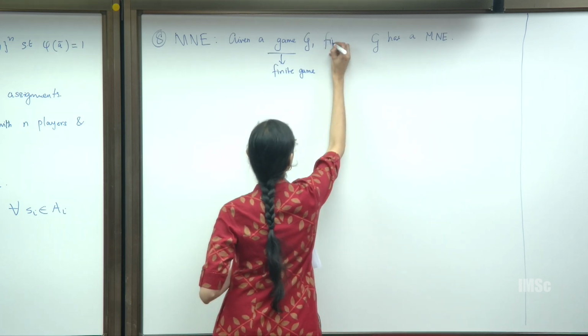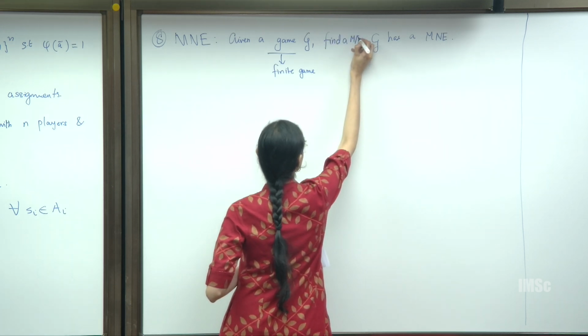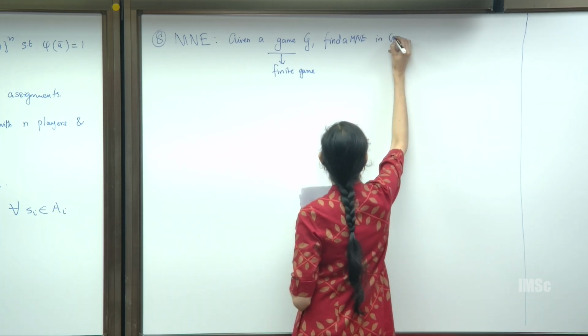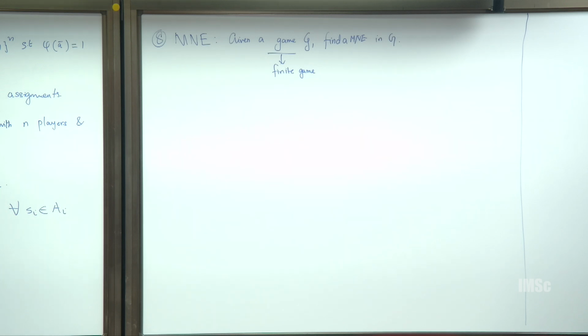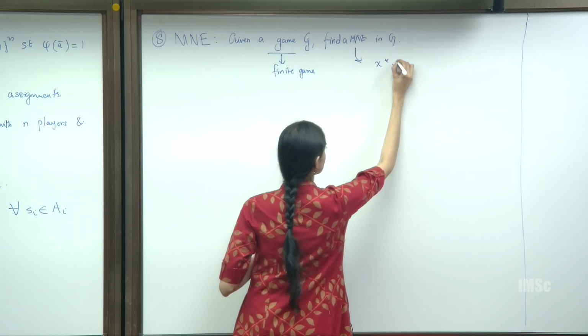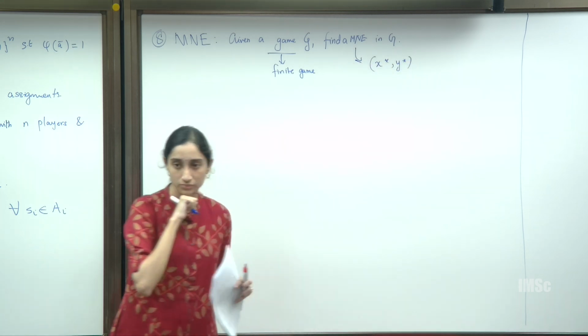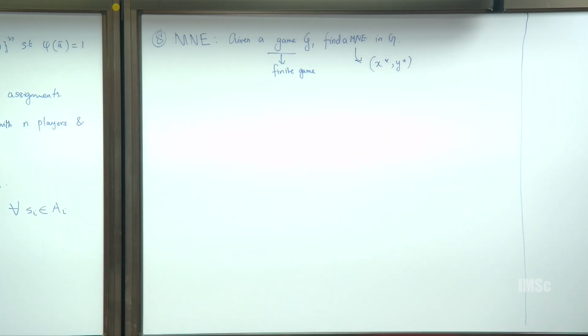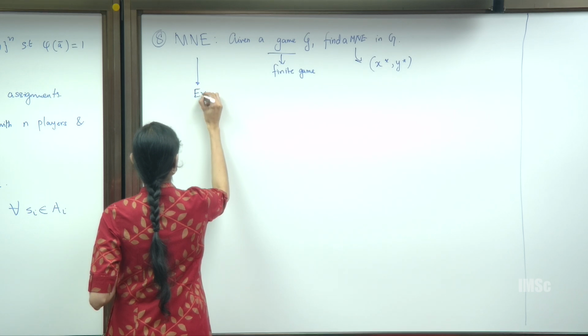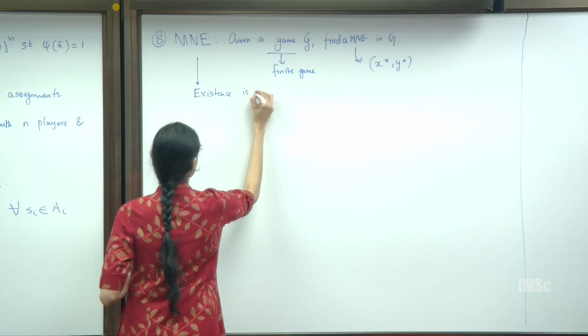Question is find a mixed Nash equilibrium in G. So if it's a two-player game, right, you will have to actually come up with that strategy, such that that particular strategy is a mixed Nash equilibrium for the game G. So the existence is guaranteed.